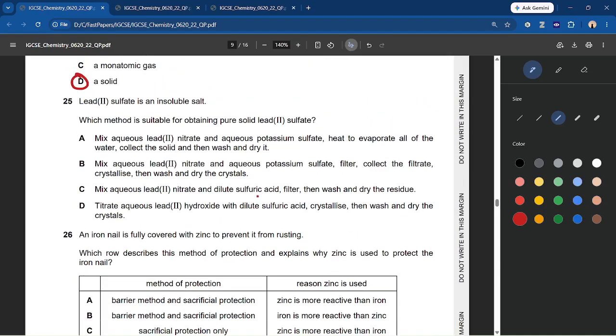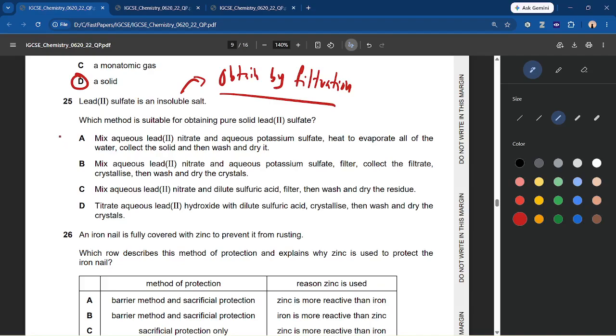25, lead(II) sulfate is an insoluble salt. Which method is suitable for obtaining pure solid lead(II) sulfate? So we're looking at an insoluble salt. If it's insoluble, you're always going to obtain it by filtration. So let's look at our options and see which one has filtration.